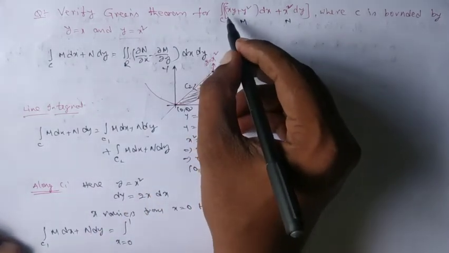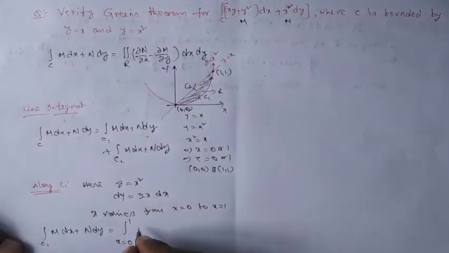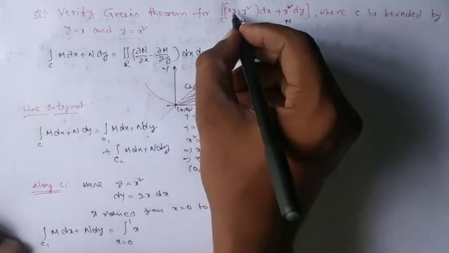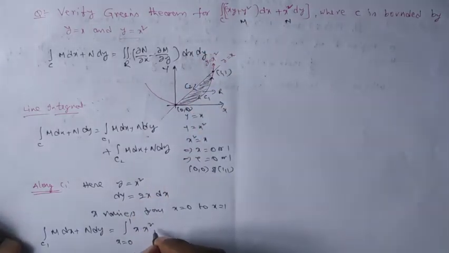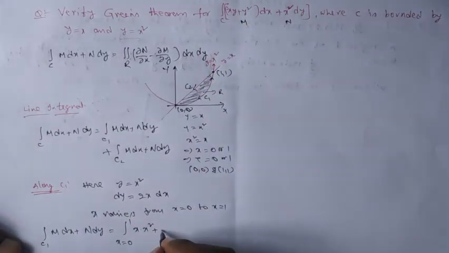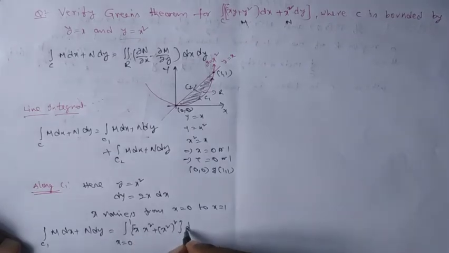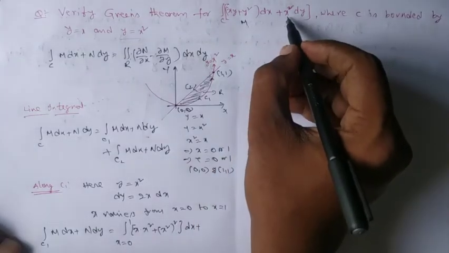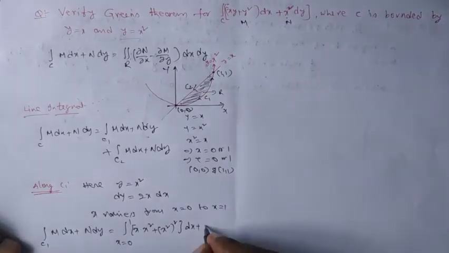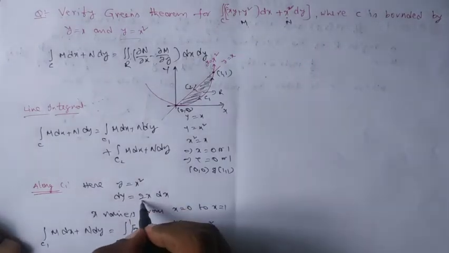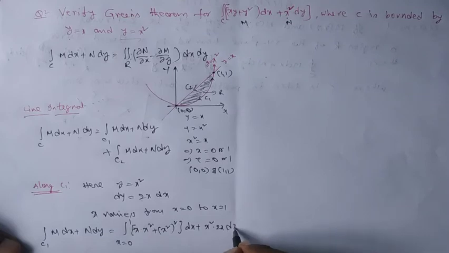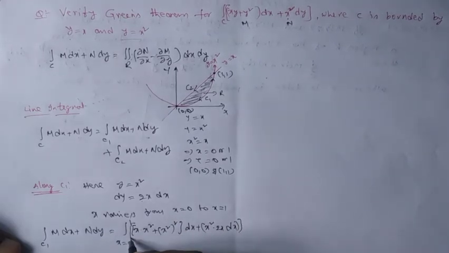So I can write now x into y is x square, plus y square is x square whole square. This much is multiplied by dx, plus again x square multiplied by dy, which is 2x dx. This is what our total integral is.